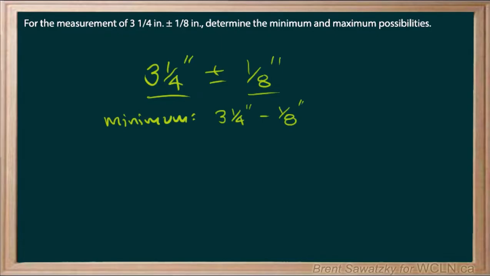And so let's clear this up and turn everything into proper fractions. 3 times 4 is 12 plus 1 is 13. So we have 13 over 4. In other words, we just change that 3¼ to our proper fraction. And then we're going to subtract 1/8.